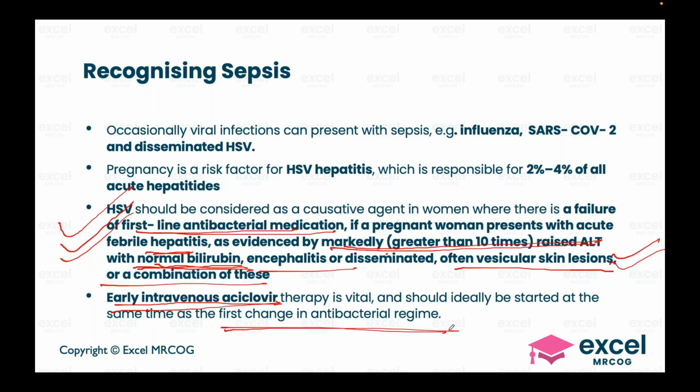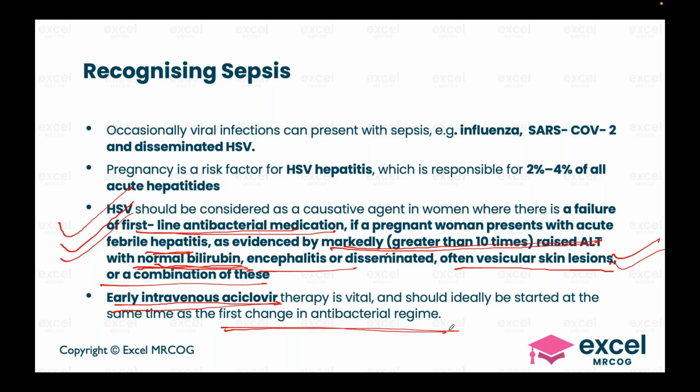These are the first line medications started for sepsis. If the patient is not improving, and there is fulminant hepatitis, encephalitis, some rash, you need to think of herpes simplex. At the same time, you need to change her antibiotics if she's not responding to the first line, because there is almost always superimposed bacterial infection.